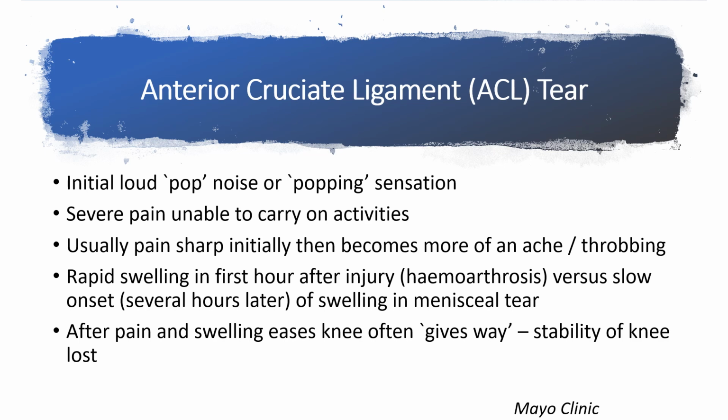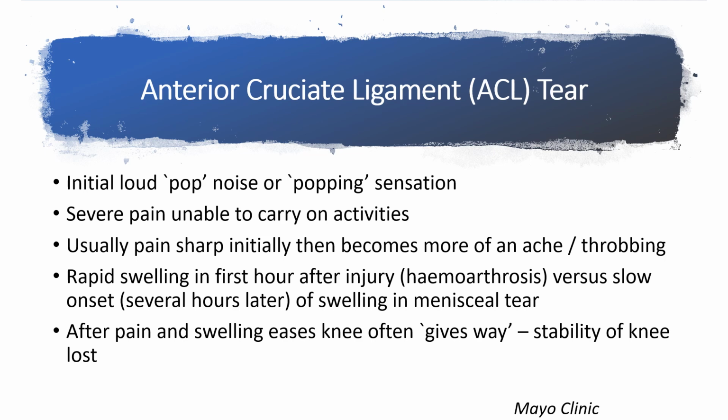So in this case, the person felt a pop or a popping sensation, quite a loud noise. It's developed really severe pain, and they're unable to carry on doing even standing or carrying on with activities. Often with an anterior cruciate ligament tear, there's usually a sharp pain initially, and then it becomes more of an ache, a throbbing pain.